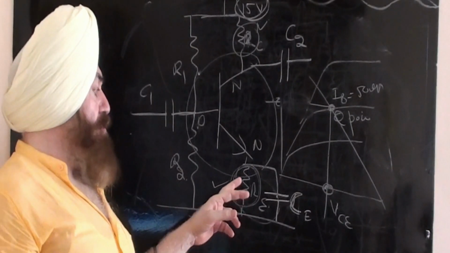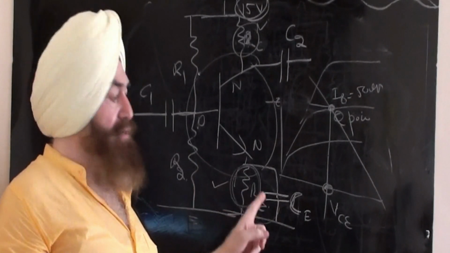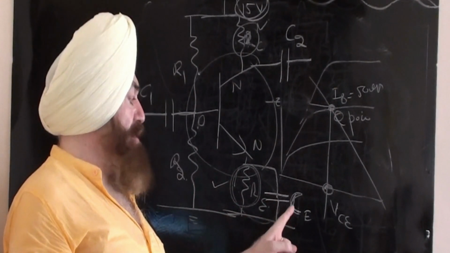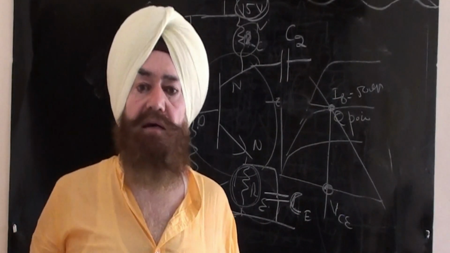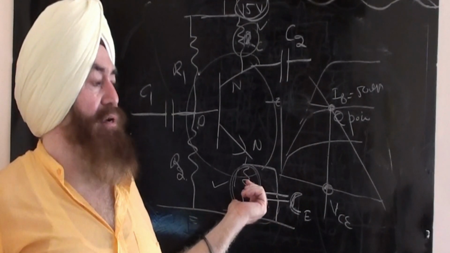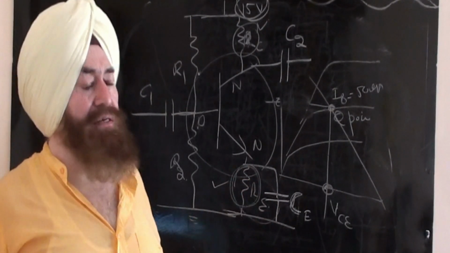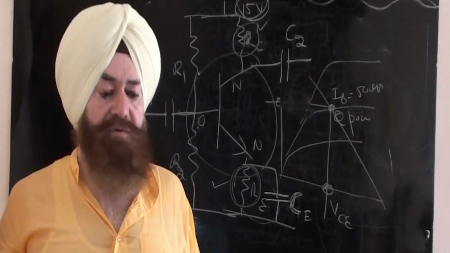So to avoid AC frequency feedback, we connected a capacitor CE. This is the function of CE, not to provide negative feedback for the AC signals. So this is all about this circuit.